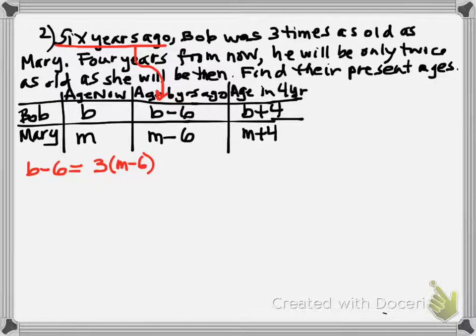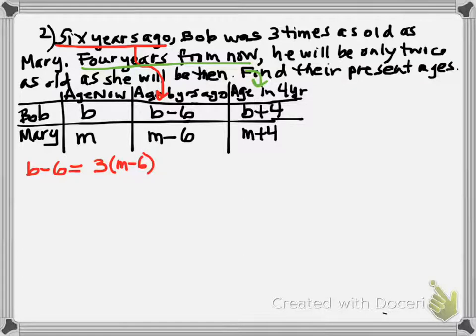All right, now let's look at the second one. It says 4 years from now. So that says I want you to take information from the 4 years column. It says he, meaning Bob, will be only twice as old as she will be then. So again, what it's telling me for sure is that we're talking about both of them in the future. Now, I'm going to be honest with you.